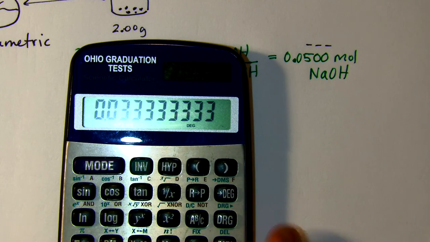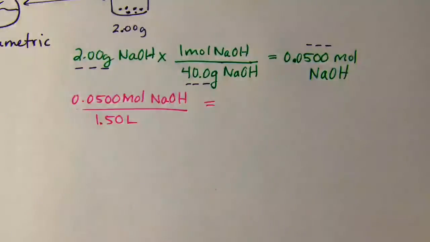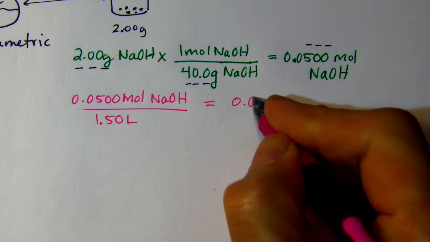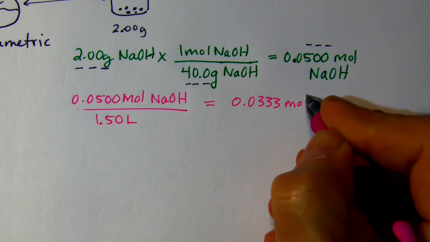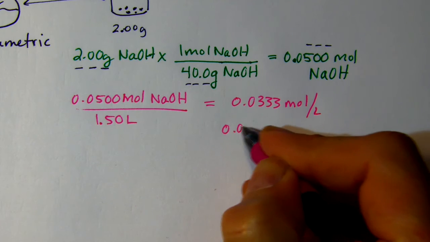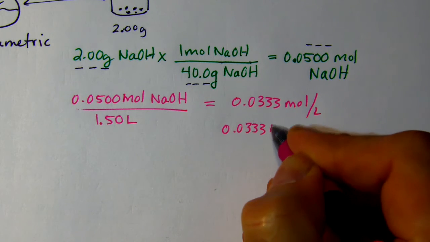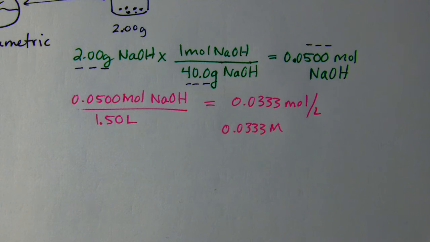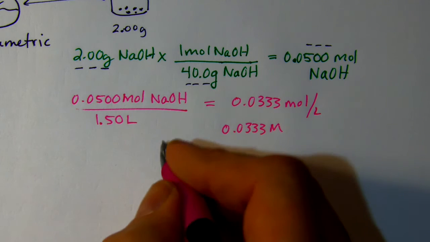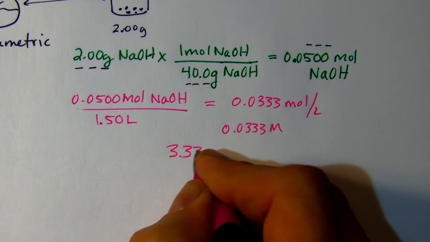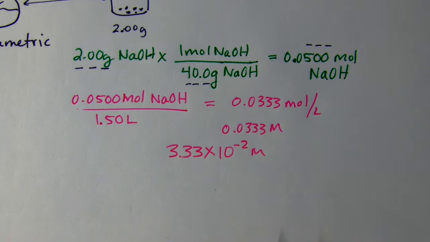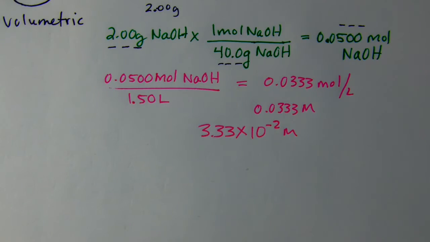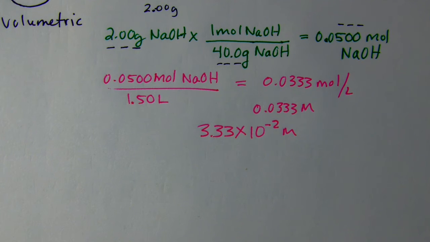There you go, 0.0333 moles per liter, or 0.0333 molar, right? That's how you would do it. You should probably also get comfortable with this. All of those are perfect examples of what you do, right? So that's how you calculate molarity.